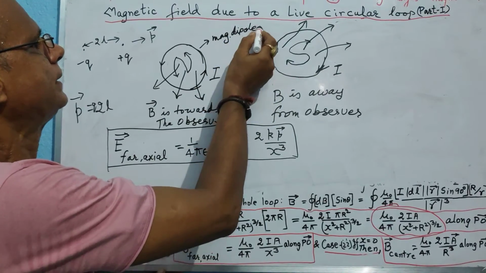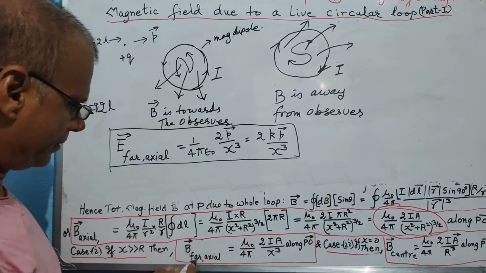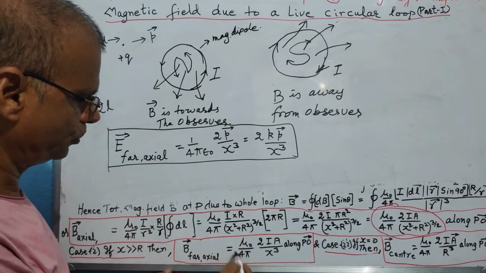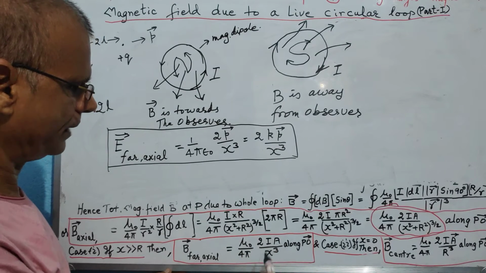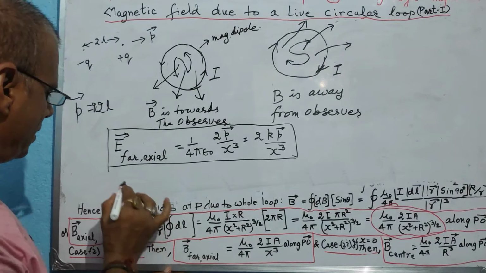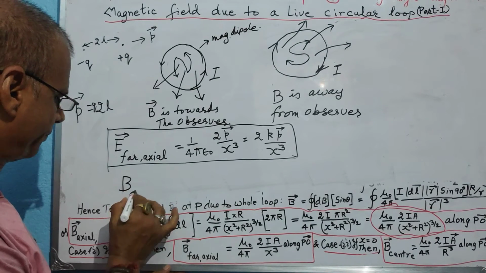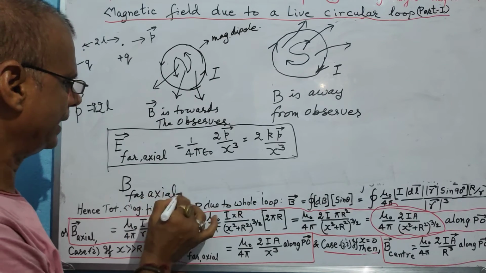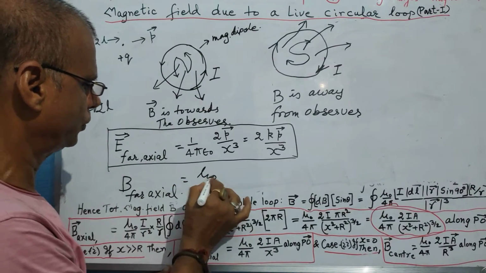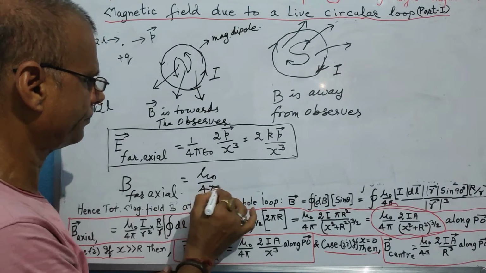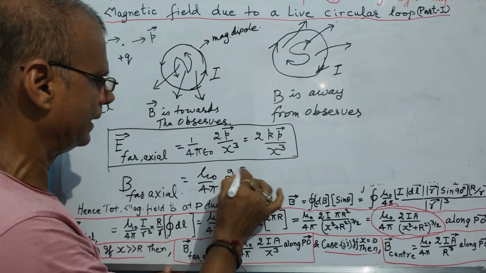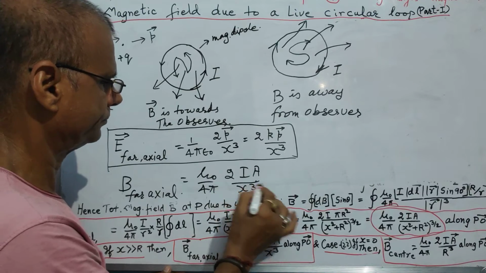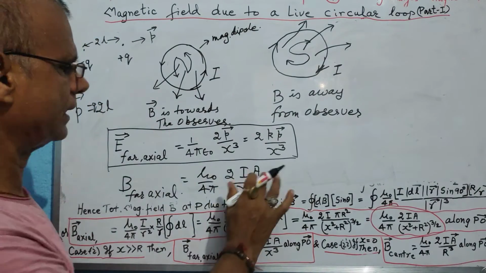At a far axial point we have mu 0 by 4 pi, 2ia divided by x cube. I am not writing the direction.